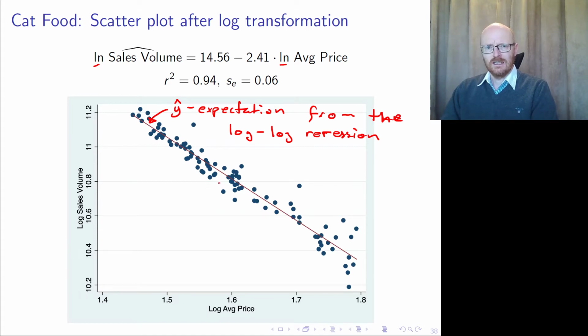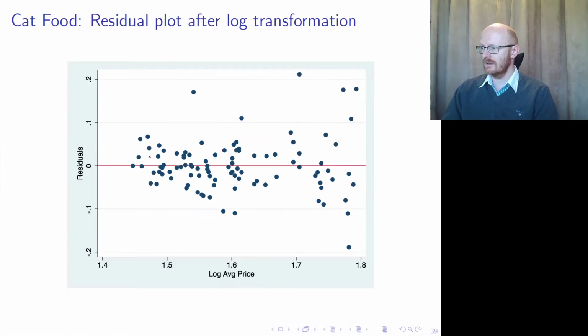Okay, and you see that the model follows the data quite well here. If we plot the residuals versus the x variable and try to look for a pattern, we can't really find a pattern.